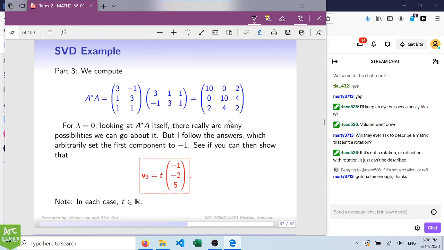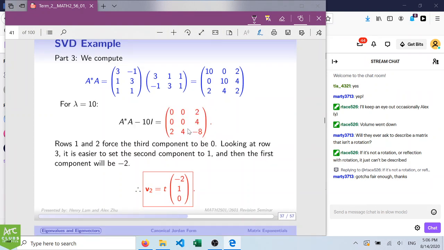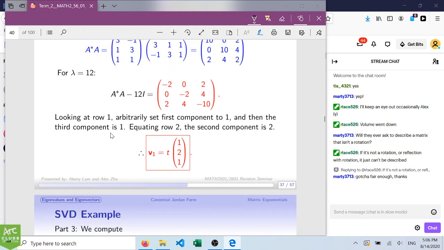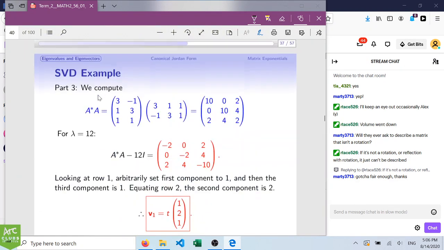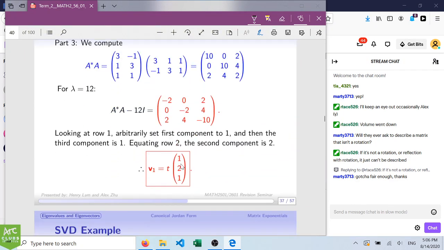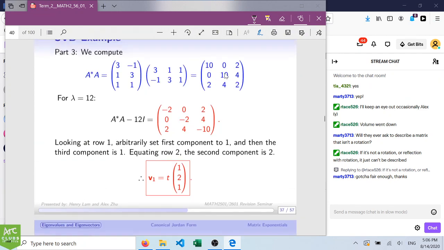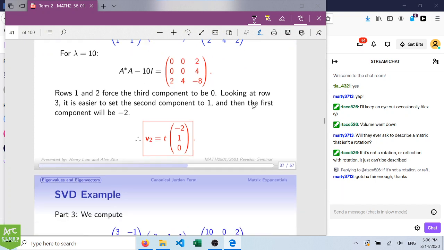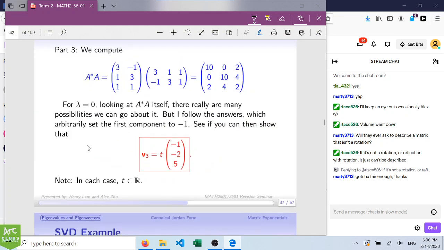Or in fact, we can use the trace property. If we look at this, 10, 10, and 2, you have 10 and 12 as your lambda. So adding 10 and 12 with 10, 10, and 2, these two are going to be equal. And so 22 equals 22, which means your third eigenvalue is going to be 0.